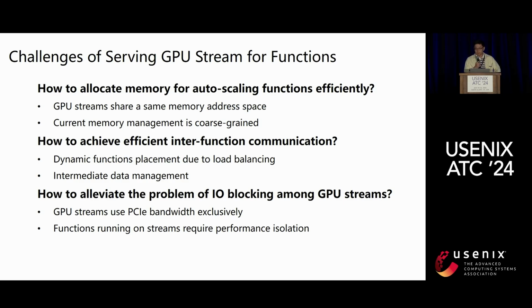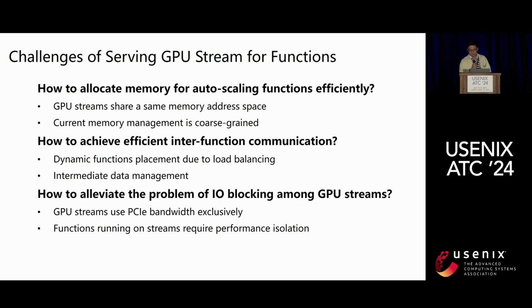Despite the potential gains of using streams, GPU streams for serverless functions still face several challenges. The first one is that functions running on GPU streams allocate memory within the same address space, which requires proper memory management.